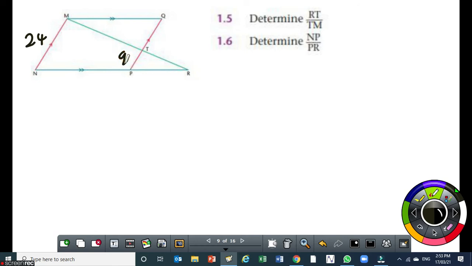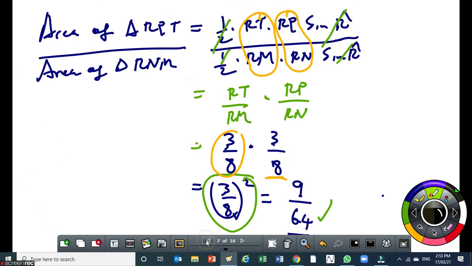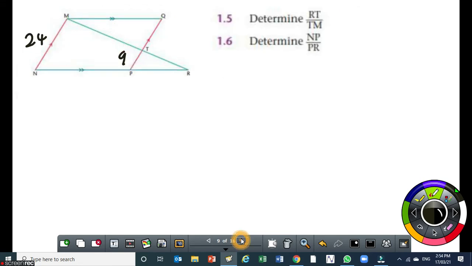Then we had some ratios that we calculated, right? Like the ratio of RT over RM and RP over RN. I need those ratios, so I'm going to add them on the diagram. So RT over RM, okay? I'm going to say my TR is 3x and my MT is 5x.